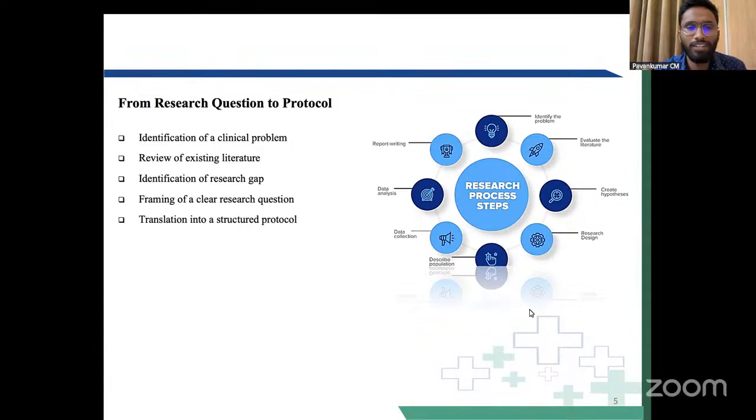And for identification of the research gap, as we discussed, we should do a literature search to see whether the same research we are going to conduct has been done in a previous study. We also have many websites like Shodhganga. We can put in a title before we go for the ethical clearance, to check whether the same title exists or the same research has already been carried out, and after confirming that, we can go for the ethical clearance.